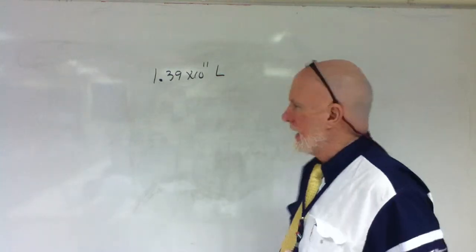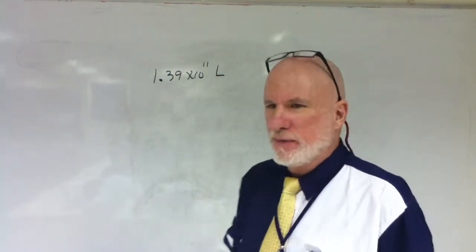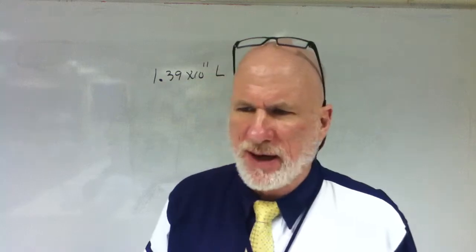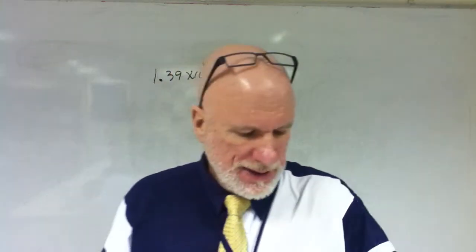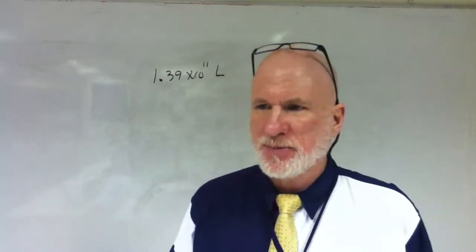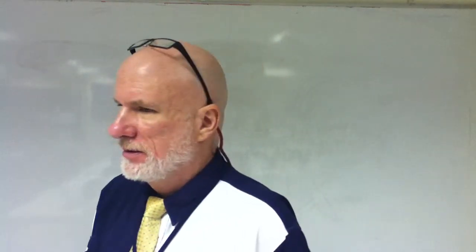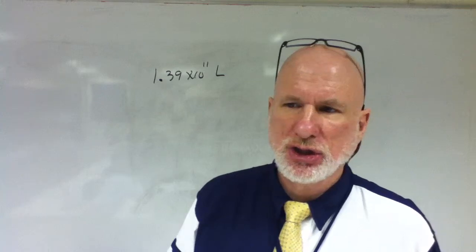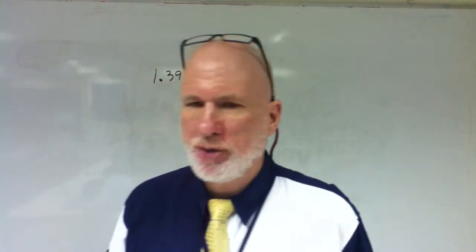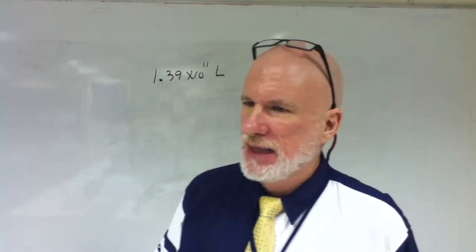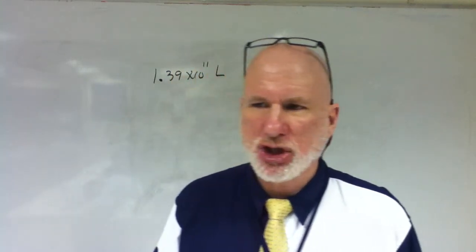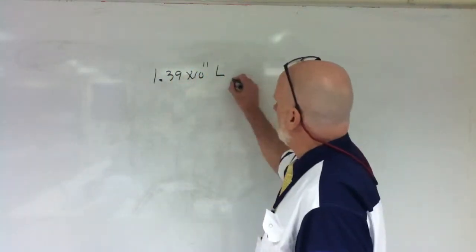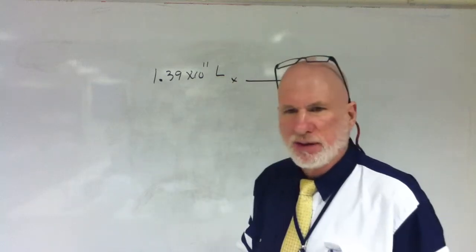Now, how many cubic meters is that? You see, density, you will find out when you take physics, is in cubic meters. It's kilograms per cubic meter. So how can you convert liters to cubic meters? Well, we're going to do it the Darcy way.